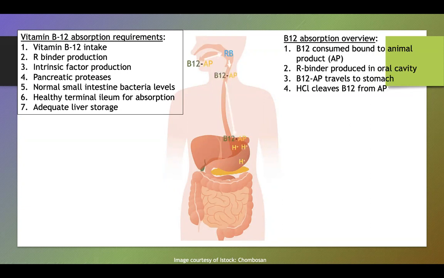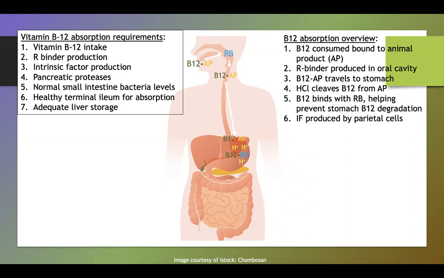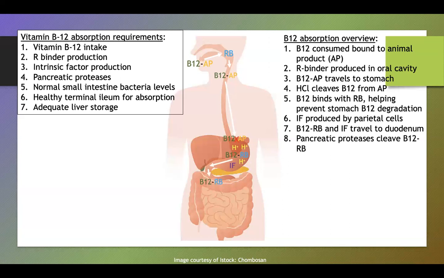The acid in our stomach will cleave B12 from our animal protein, and our R binder will quickly bind to B12 because if it doesn't, then B12 would get degraded by the acid. So at this time, intrinsic factor is getting produced by our parietal cells, and all of this moves to the duodenum.